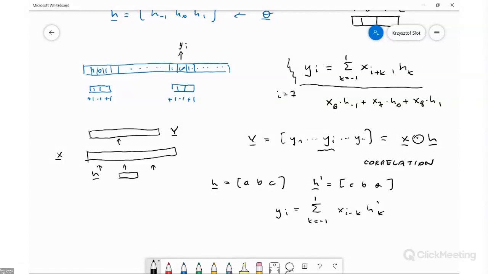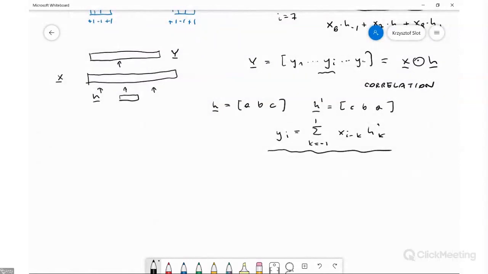If I'm taking k equals -1, then I am multiplying the rightmost element of the input vector by the leftmost element of the filter. So this line and this line and this line are equivalent.